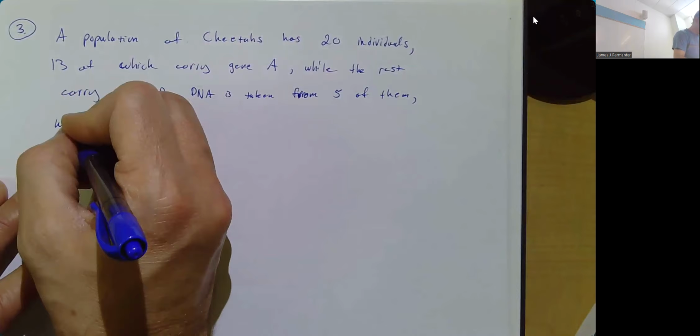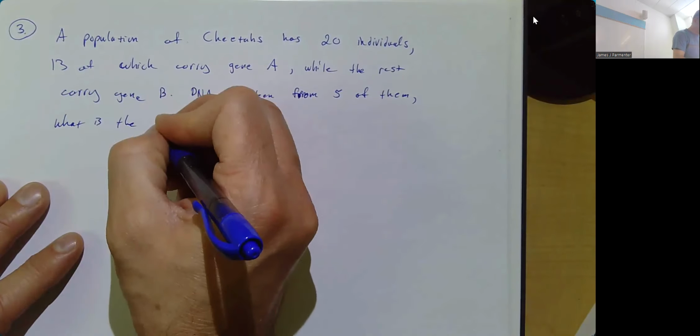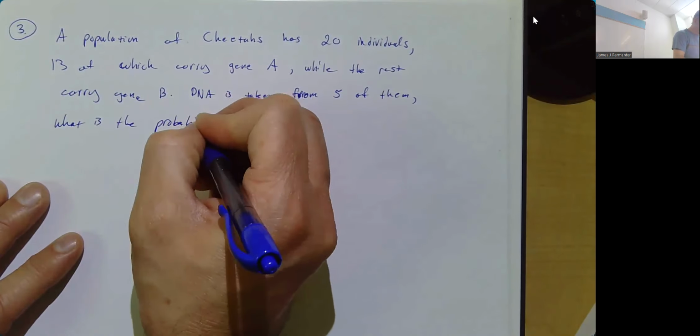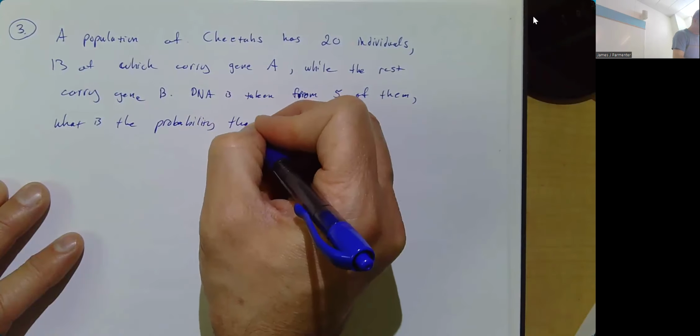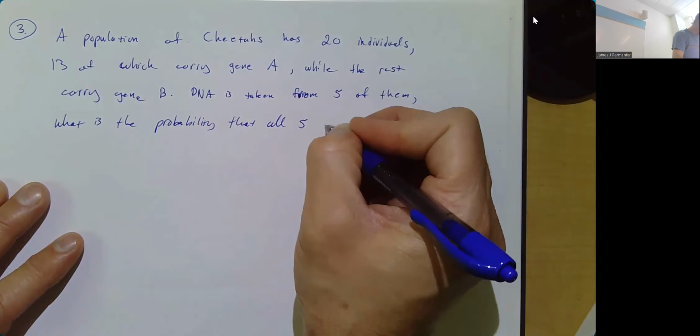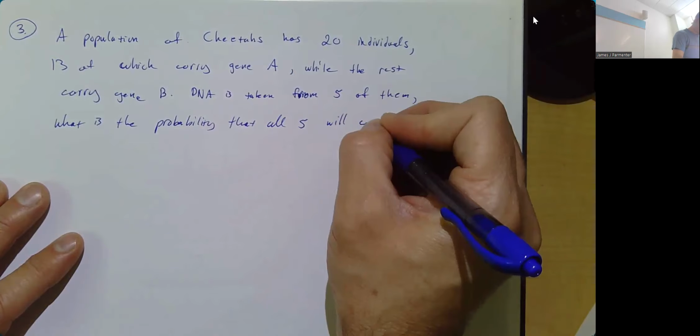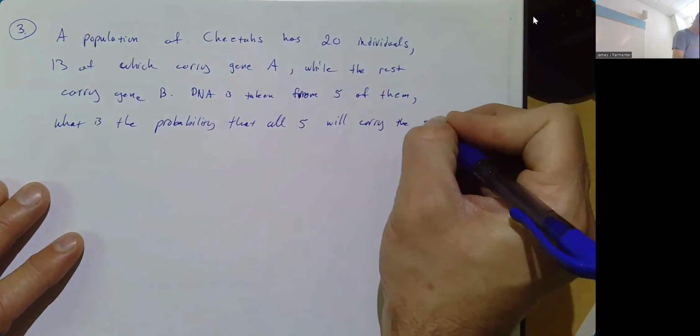What is the probability that all 5 will carry the same gene?